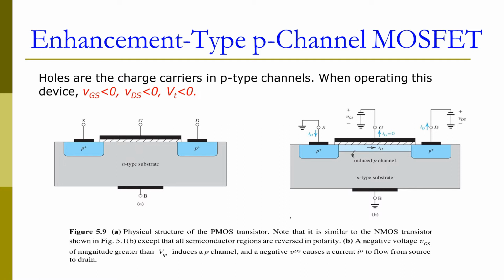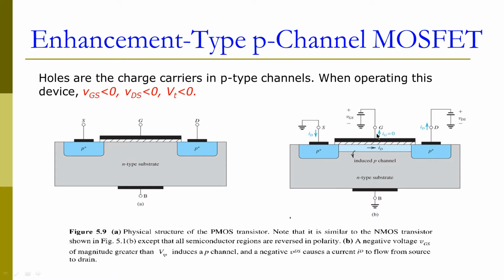When we operate this device, we require VGS to be less than 0, VDS to be less than 0, and VT, the threshold voltage, to be less than 0 too. Here's the configuration for this p-channel MOSFET. As we can see, the gate current is still 0.